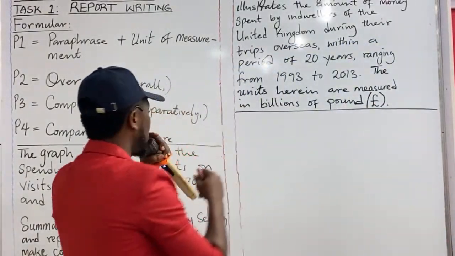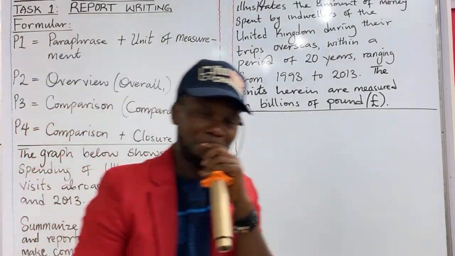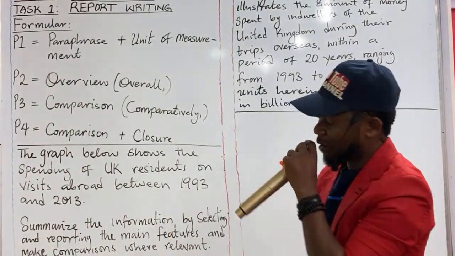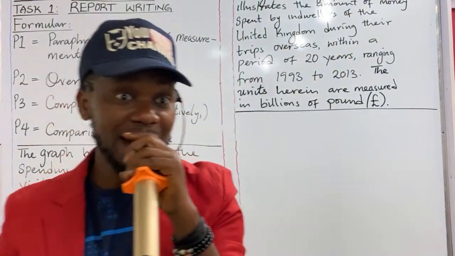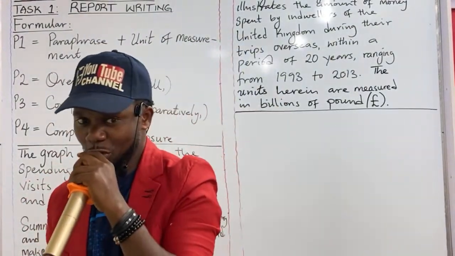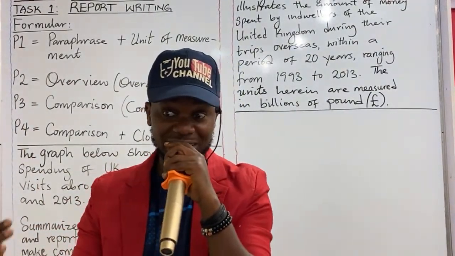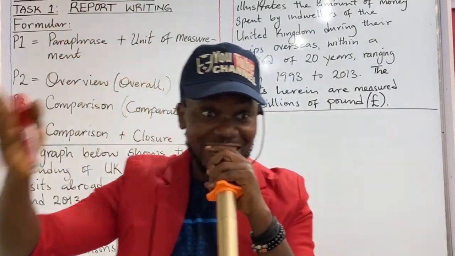Okay, so let's proceed to paragraph 3. This is where the main job lies. Paragraph 3, you now have to do what we call comparison. So you want to now compare the different areas of their spendings according to the movement of the lines on the chart.